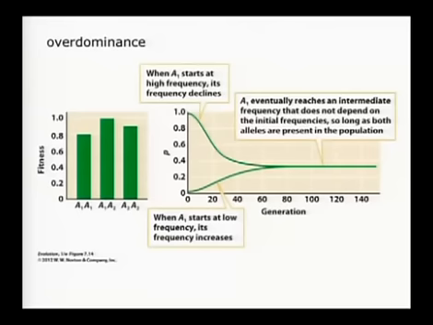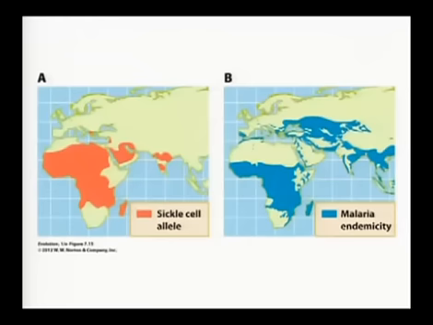But if you're in the tropics, then you might be worried about being that. But then there's a benefit to being this, being heterozygous. And so in the tropics, the sickle cell allele is in a balanced polymorphism with the regular allele.